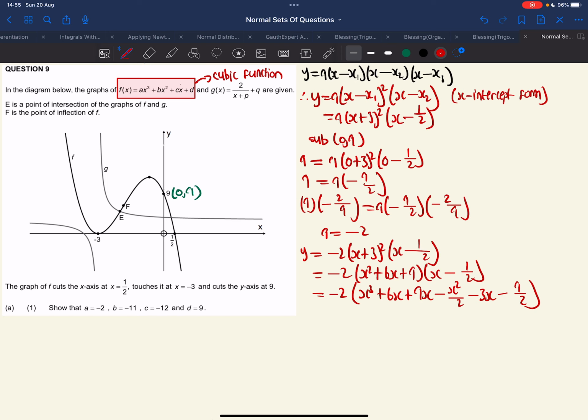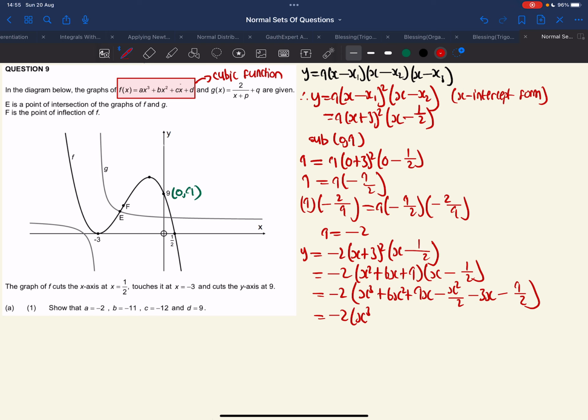The x cubed is going to remain the same. I'm sorry, there was supposed to be a square there.